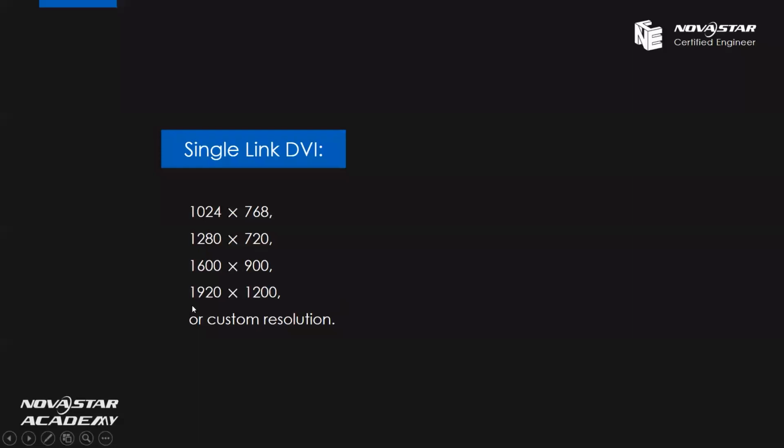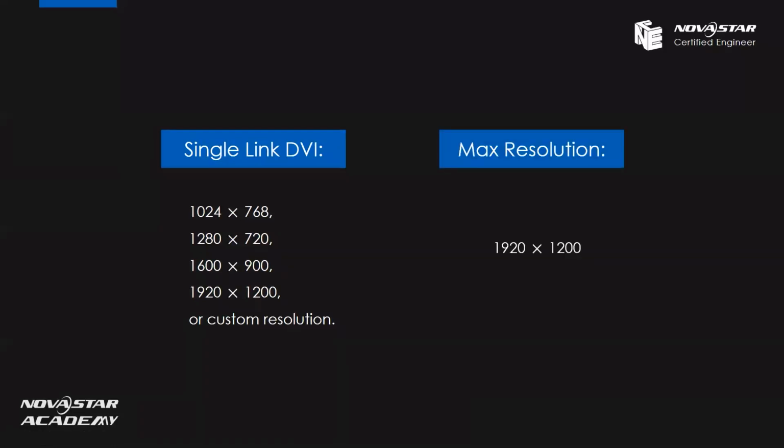Here we can see the max resolution of the single-link DVI is 1920 by 1200. So after calculating, we can get about 2.3 million pixels. So that's why the loading capacity of the 4 output controller is 2.3 million pixels. It is because of the limitation of the input resolution.